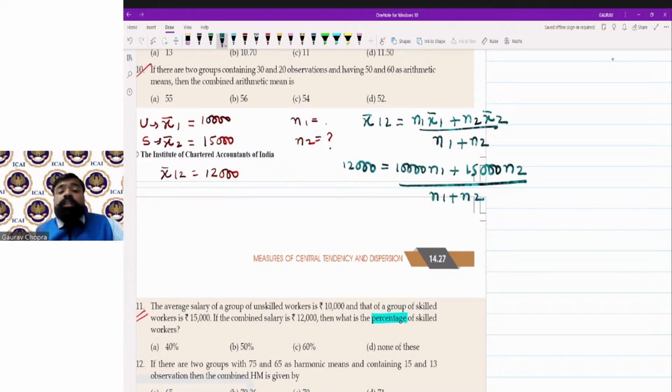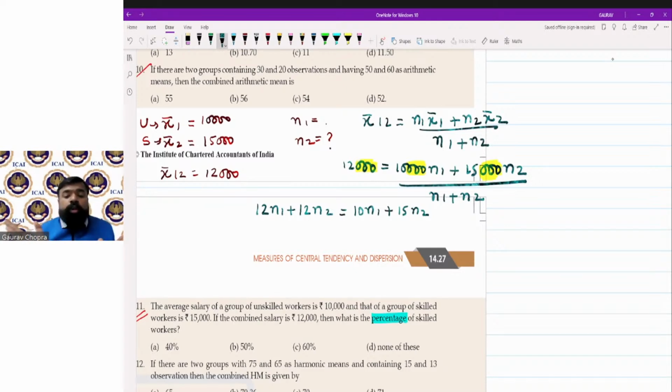Now we can cancel all the zeros so that it becomes simplified. All three zeros and these three zeros will get cancelled, and then do the cross multiplication. So it will be 12n1 plus 12n2 is equal to 10n1 plus 15n2.